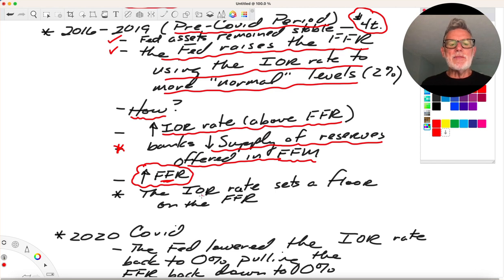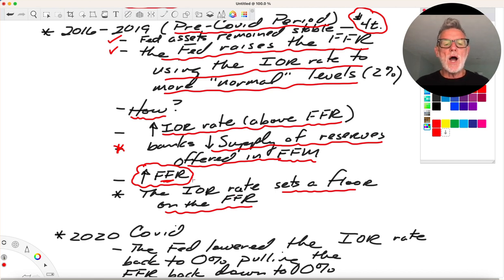So the IOR rate, the interest on reserves rate that the Fed pays for people to put their funds in a Fed account, really sets a floor on the FFR. In other words, if the Fed raises the IOR, the federal funds rate is going to follow. It's going to go up. And you're going to learn that if the Fed lowers the IOR, it works in reverse. The federal funds rate will drop.